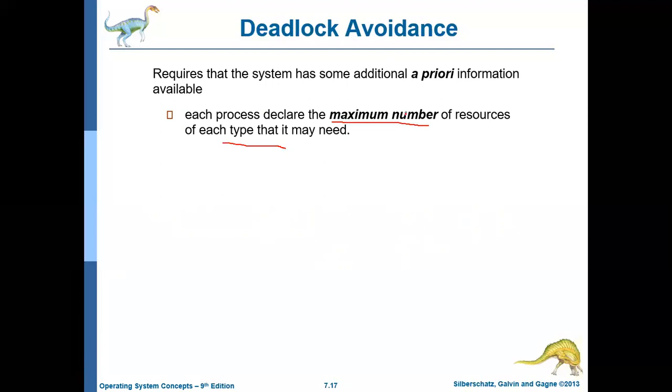Resource type means the different types of resources we have, like a printer, tape drive, and hard disks. For each resource, the maximum number of copies this particular process will require should be declared to the operating system in advance. Say the process Pi needs a maximum of, say there are five types of resource. For resource 1, how many instances may it require at maximum?